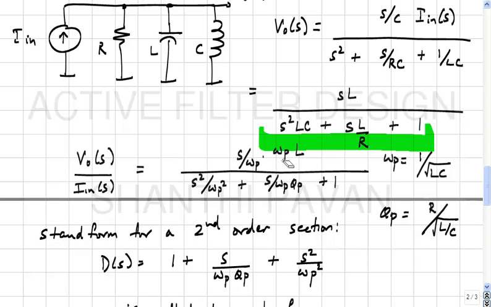Root of L by C. You understand? And at omega p, what is the impedance? It is R, okay, and you can see that in two ways.